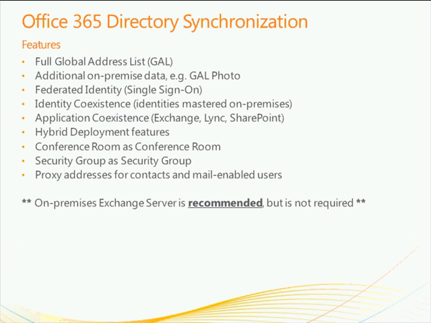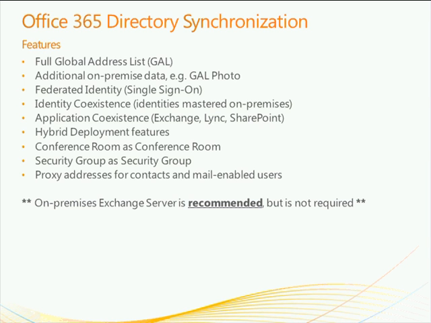So talk a little bit about some of the features that it enables. So primarily, the DirSync tool is available for a unified global address list. Essentially, it's the idea of identity coexistence, where you can have your single Active Directory on premises be responsible for managing user objects across both your on-premises environment and the cloud environment.